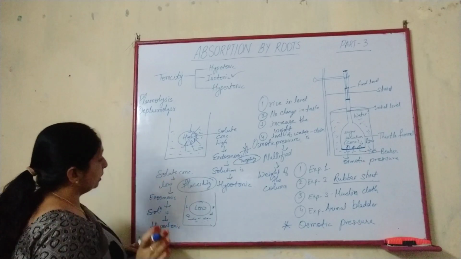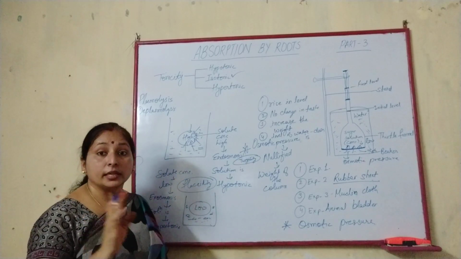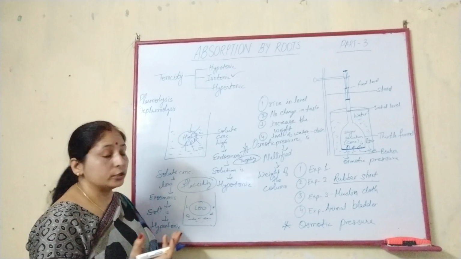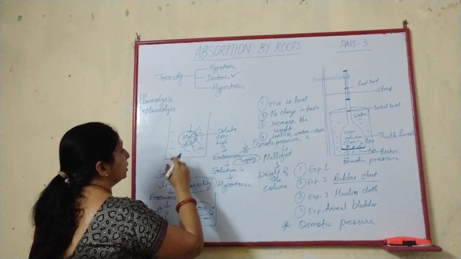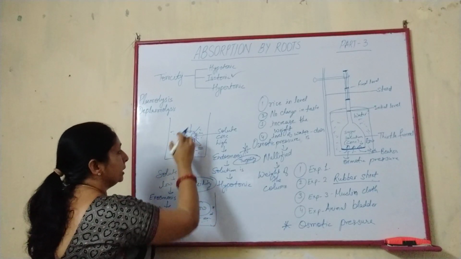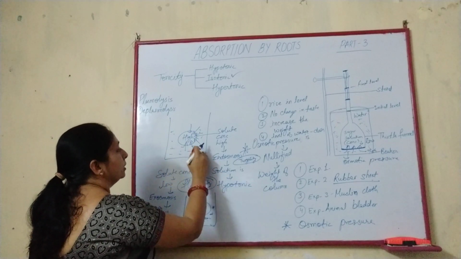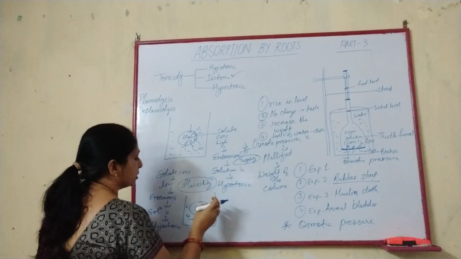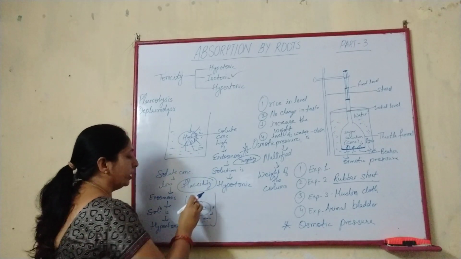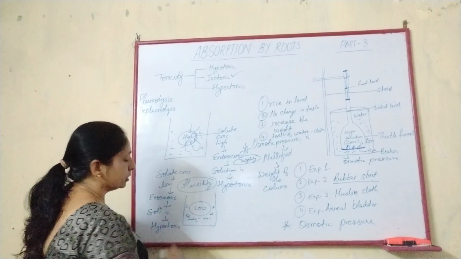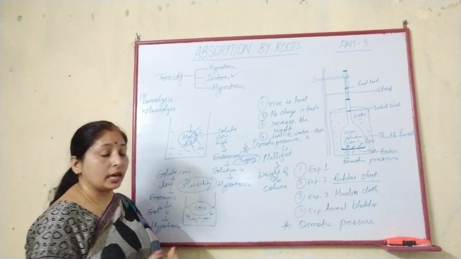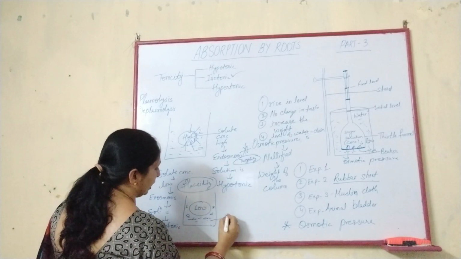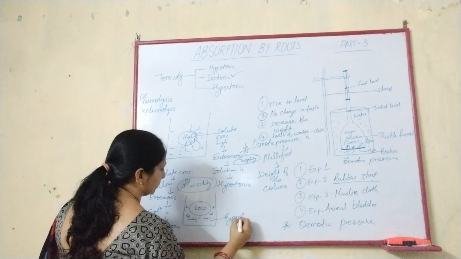When the concentrations are equal in both, it is an isotonic solution. When the concentration of solute is high in the cell and less in the beaker, it is a hypotonic solution. When the concentration of solute is low in the cell and more in the solution, that is a hypertonic solution.